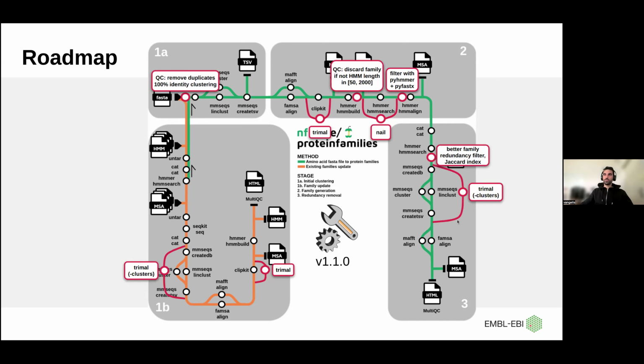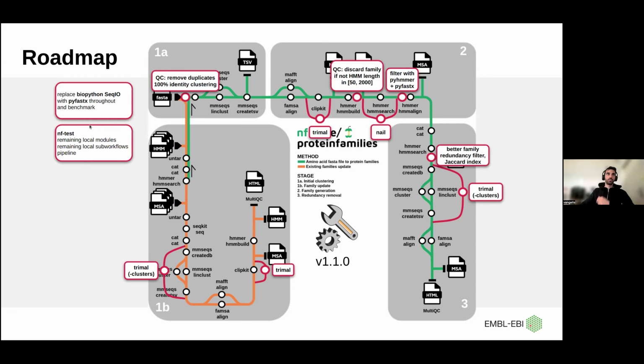And finally, we will try to skip this strict clustering sub-workflow by just using Trimal with the minus clusters option, which just gives the N number that we state of best sequence representatives. Of course, we will try to replace the Python SeqIO library with PyFastX throughout the modules and benchmark the time that we can save.